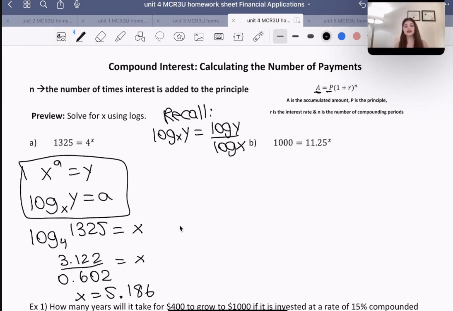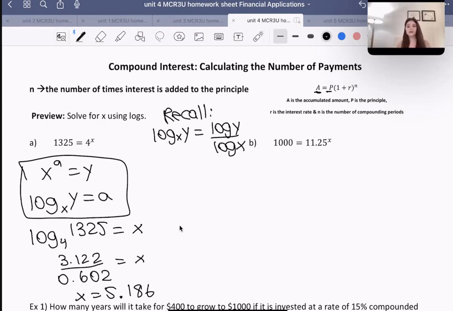And if it gets us something totally different, then we've done it wrong. So let's check that. Let's put into our calculator 4 to the power of 5.186 equals, okay, so I got 1,325.2, so less than one whole unit.